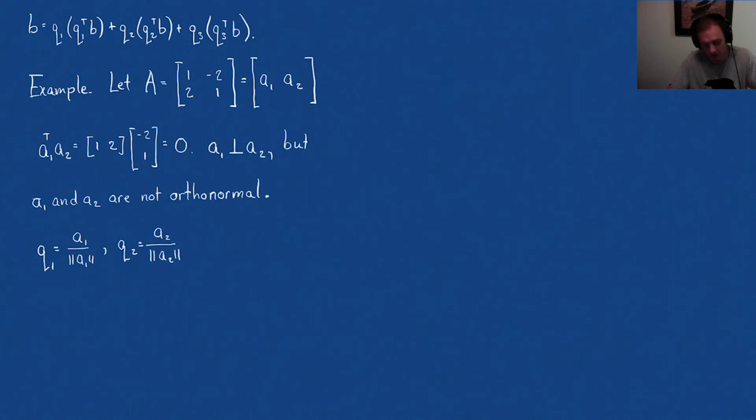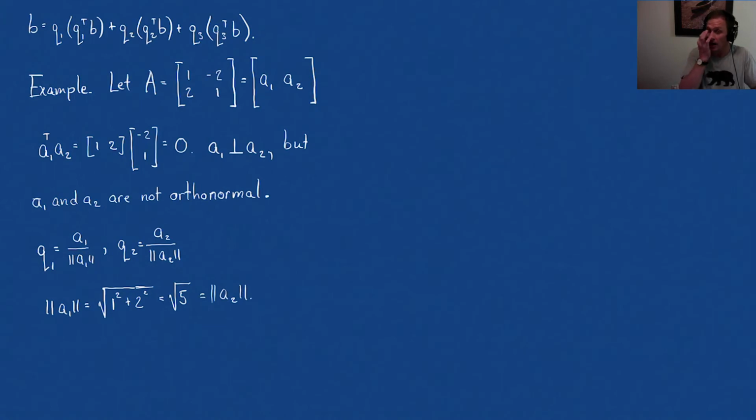Okay, so let's find that. The length of A1 is the square root of 1 squared plus 2 squared. Well, that's just the square root of 5. And you should verify this is also the length of A2.